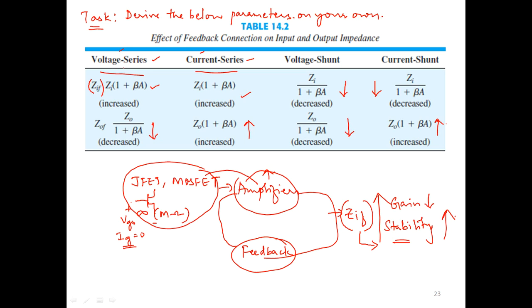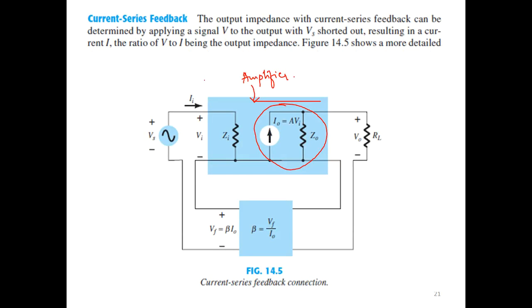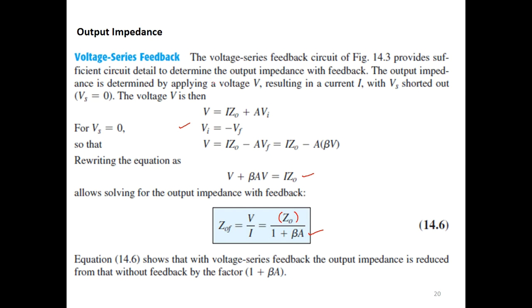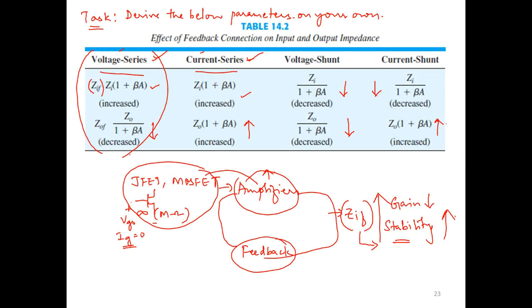You can start with the voltage series. In fact, the voltage series is the most important one. At least try it out for voltage series and the current series, the ones which I have just discussed. You will have to do it for input impedance, output impedance, and the gain with feedback.